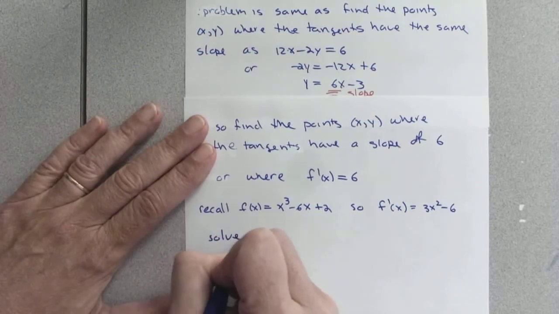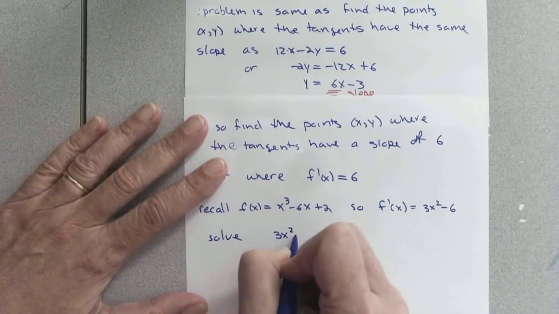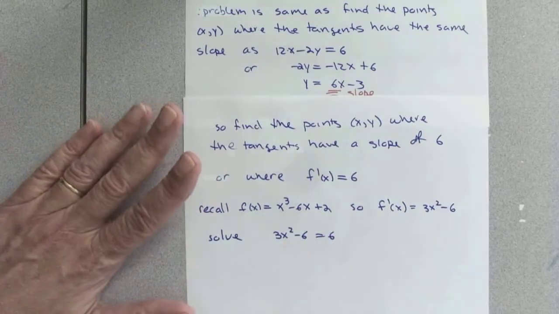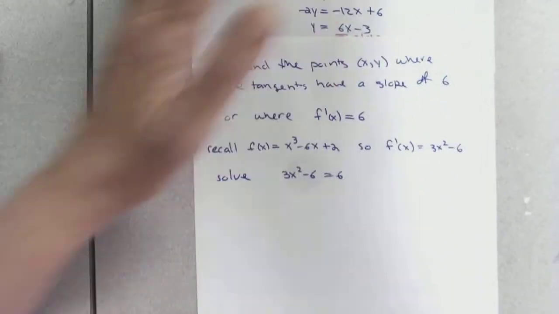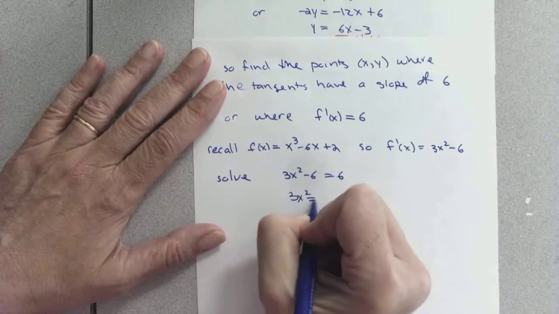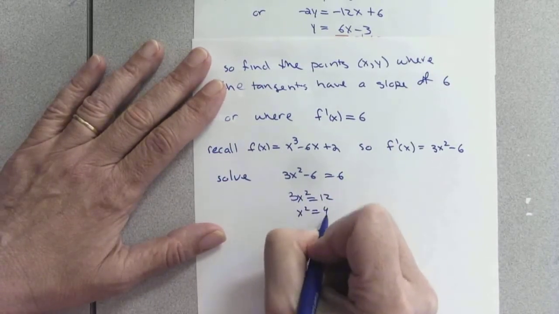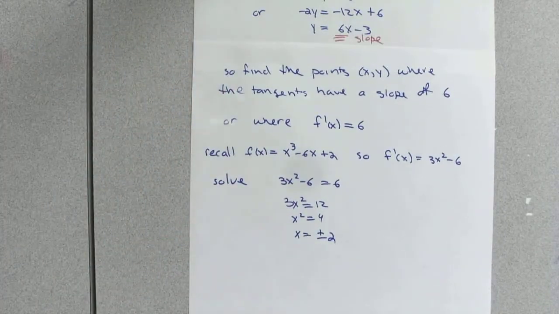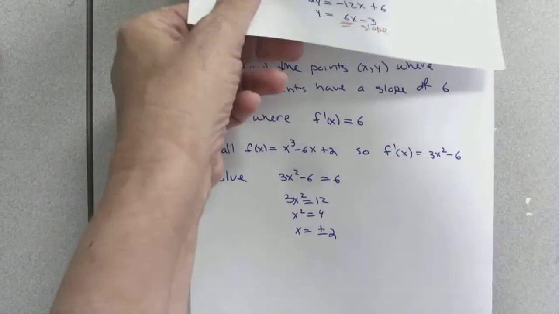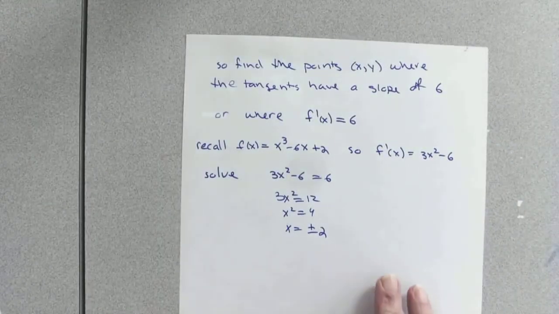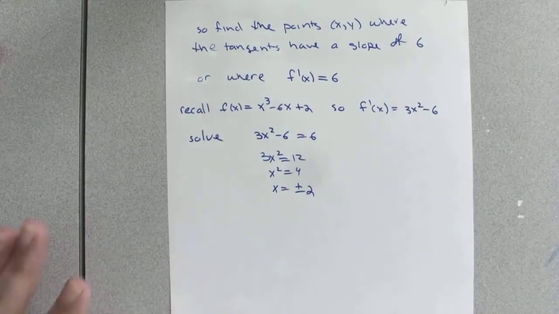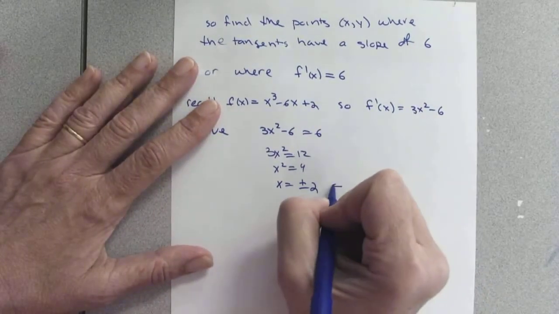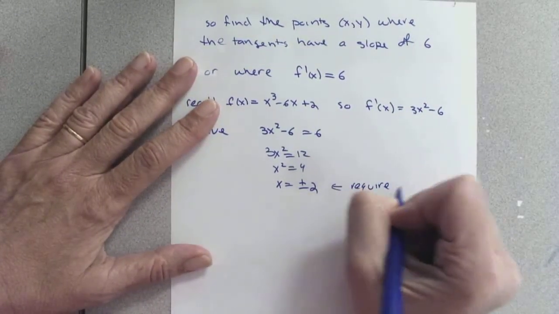So all we want to do is solve 3x squared minus 6 equals 6, which is 3x squared equals 12, which is x squared equals 4, which is x equals plus or minus 2. Do not forget when you take the square root of both sides to include that plus or minus. Forgetting that plus or minus, you're leaving off half the answers. And so there are the required x coordinates.